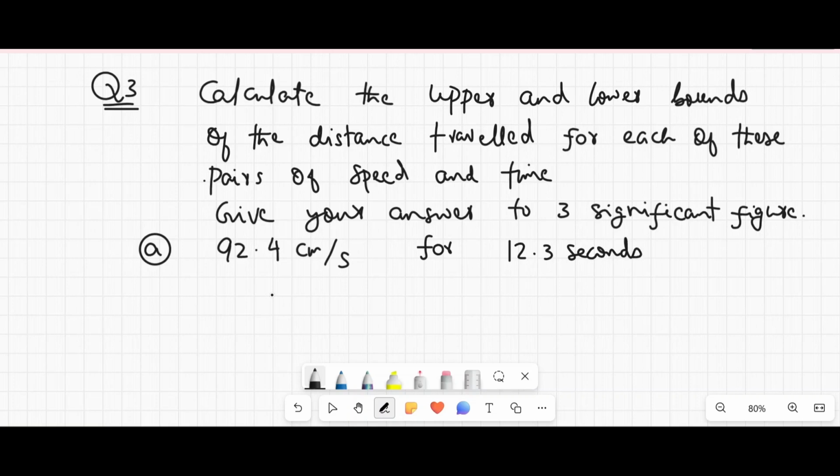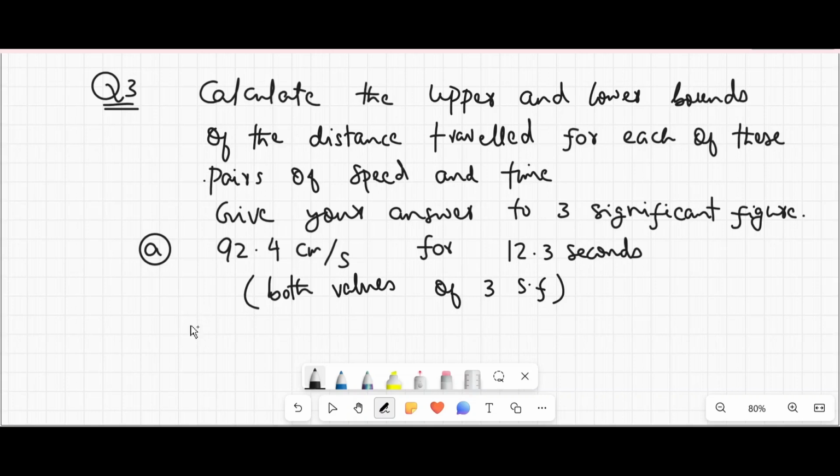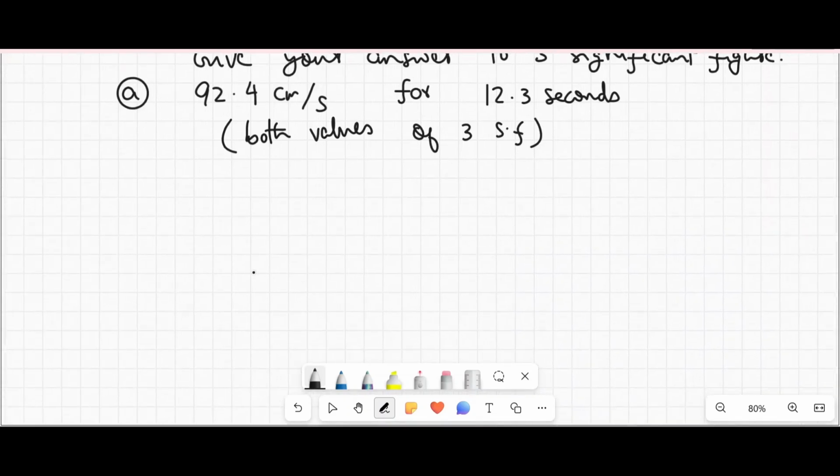So we are given the speed and the time. Now we have to find the upper and lower bound of the distance traveled, with both values to three significant figures. So now the solution for this.